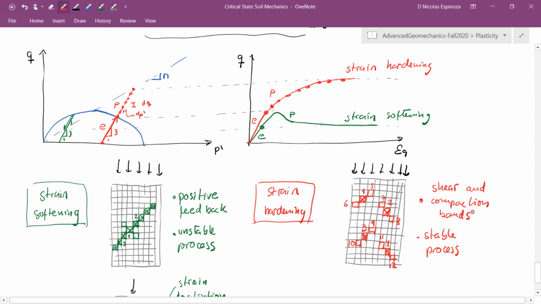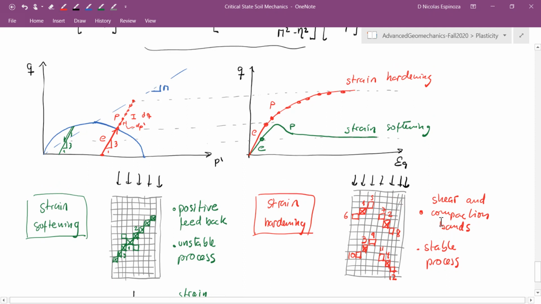And opposite to the previous case, this is not going to localize just into one region with a triggering point and everything aligned to it. This is going to be more or less a diffuse process and a diffuse deformation.